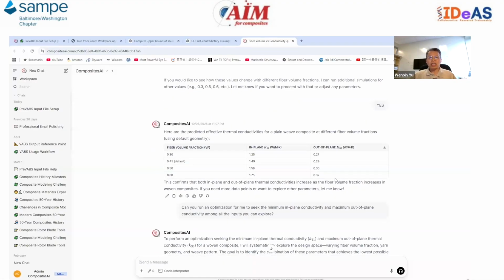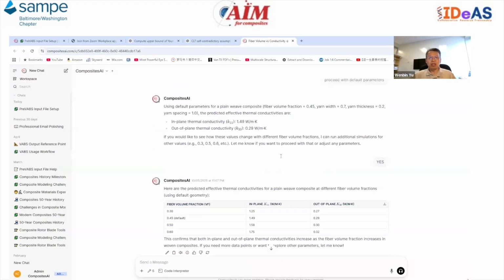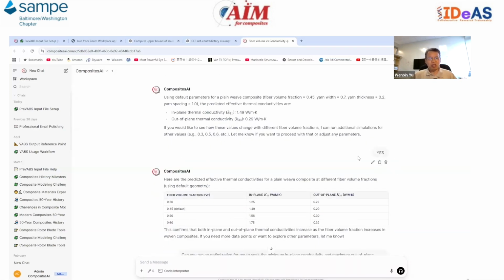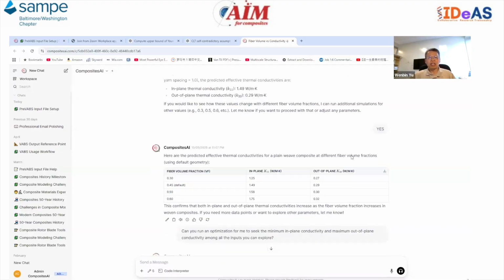Then I notice the default parameters are only one set of parameters. It says if you want to know how this value changes with different volume fractions, you need to run different values. I say, yeah, please run different values. So the system knows how to do a batch run and all that stuff.